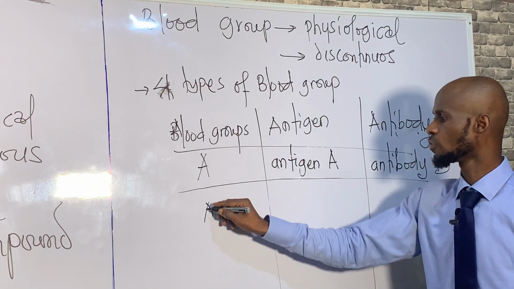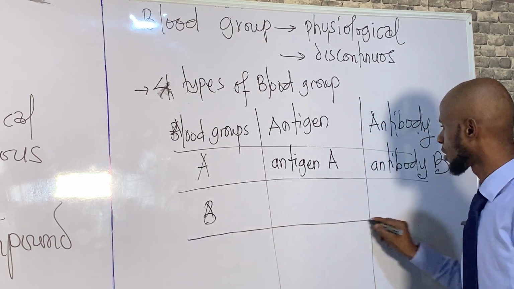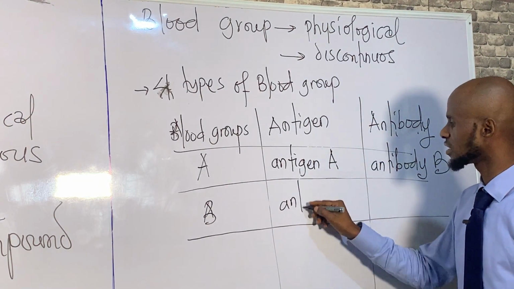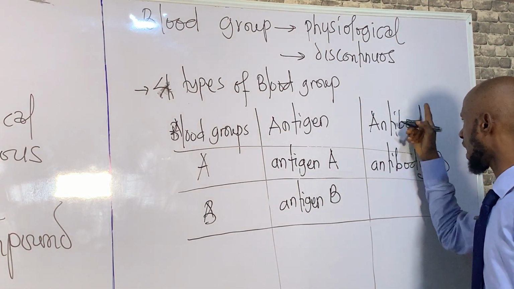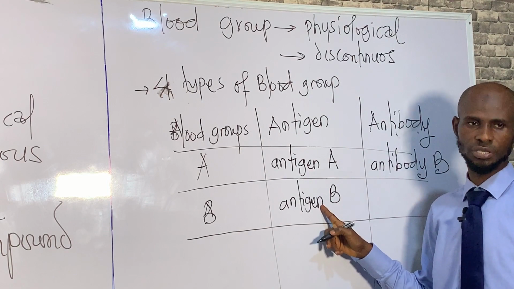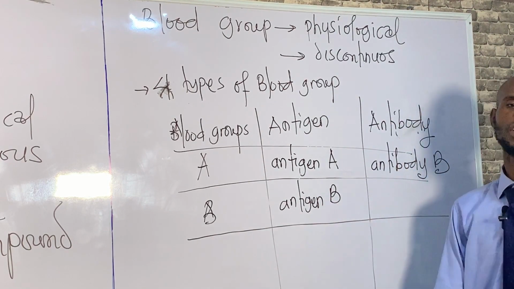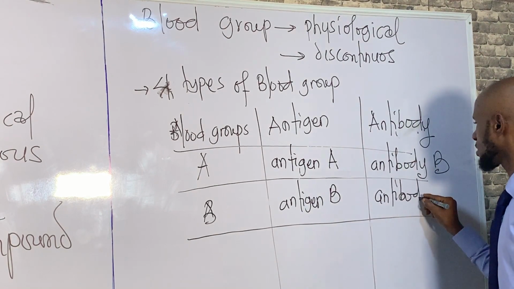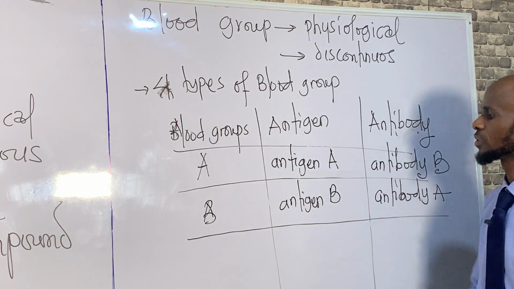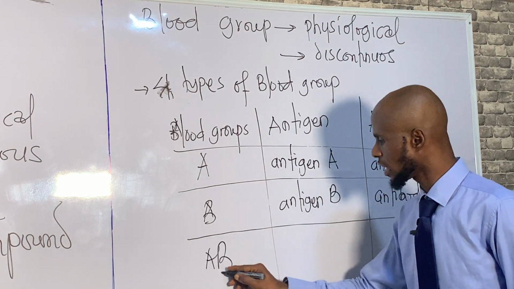So for blood group B, we are going to have the antigen type, as we have said, antigen B, and you must not have the antibody for that antigen. It's going to fight it. So you have the opposite. Therefore, you have antibody A. What about blood group AB?